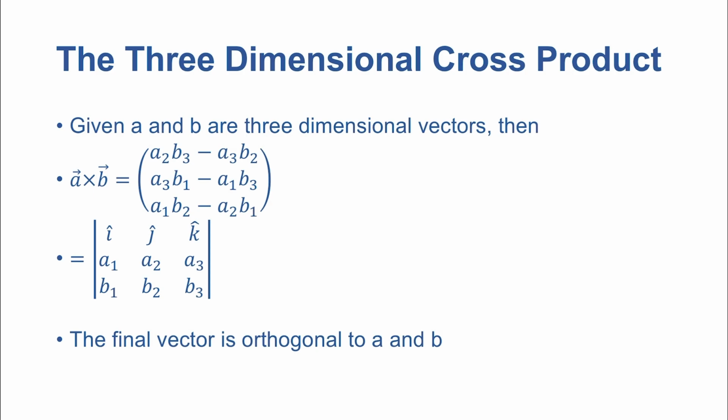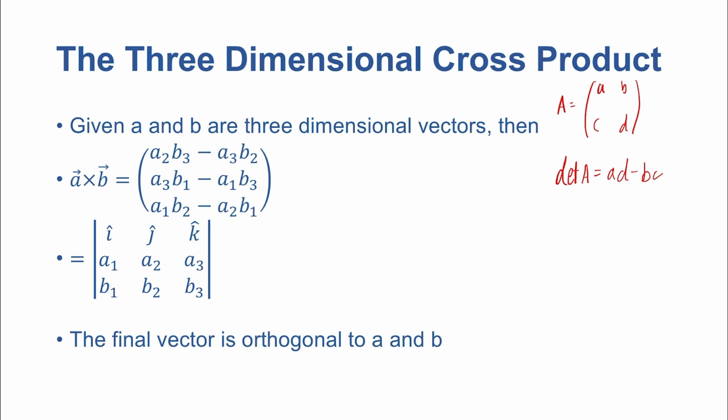Now, one of the things you might notice if you have taken pre-calculus is if you have the 2x2 matrix A, B, C, D, and I want to take the determinant, so if that's matrix A, if I want to take the determinant of that matrix A, that is equal to AD minus BC.